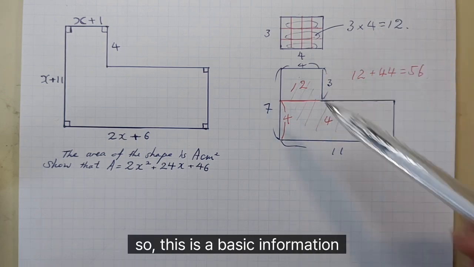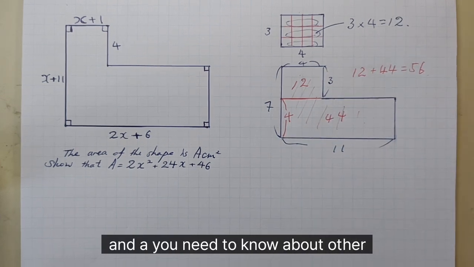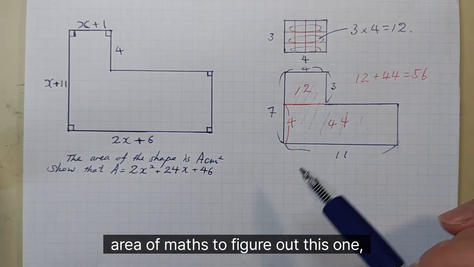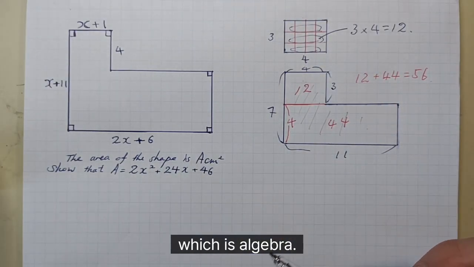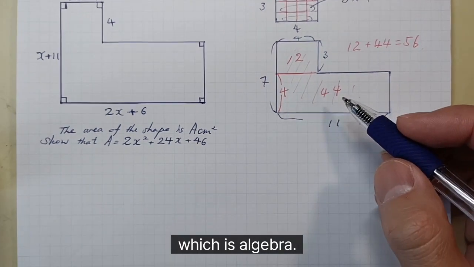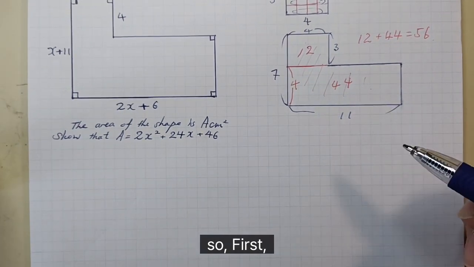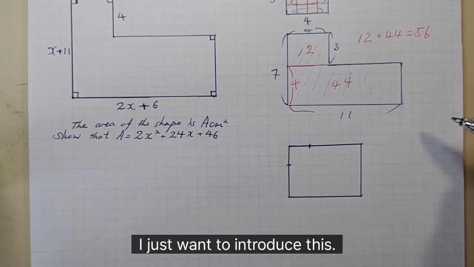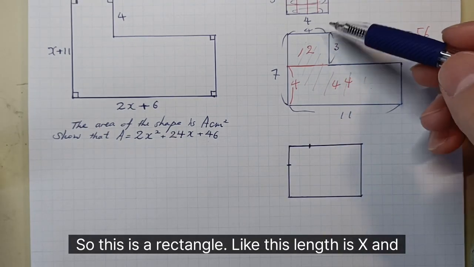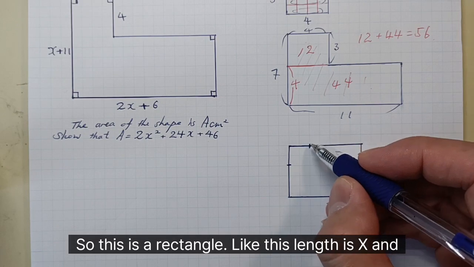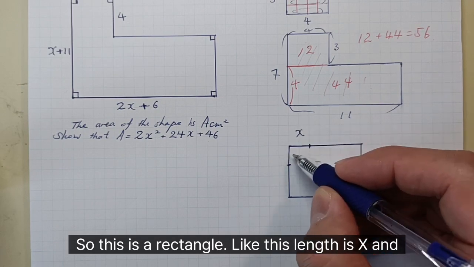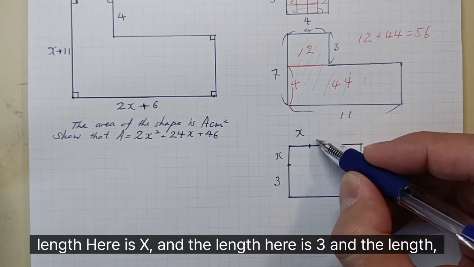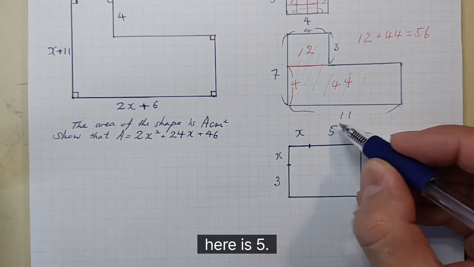So this is the basic information, and you need to know about another area of math to figure out this one, which is algebra. So first, I just want to introduce this. This is a rectangle like this, but the length here is x, and the length here is x, and the length is 3, and then the length here is 5.